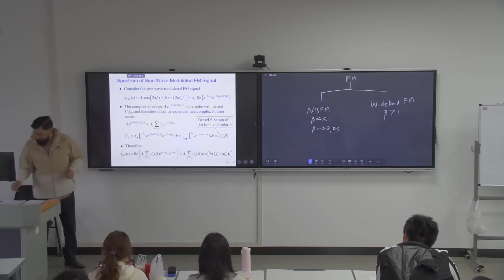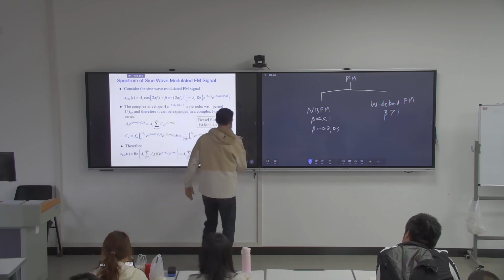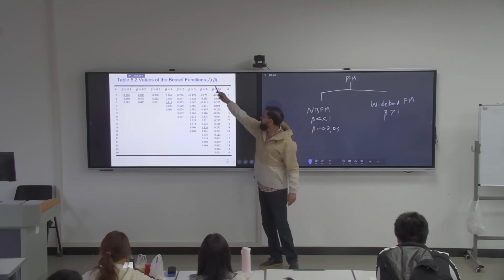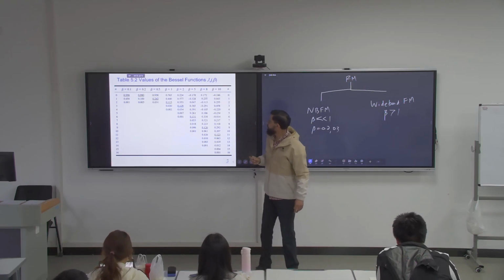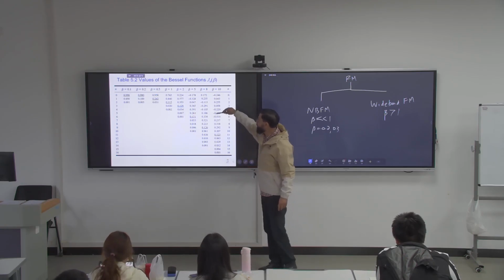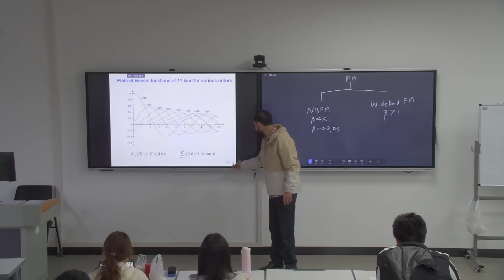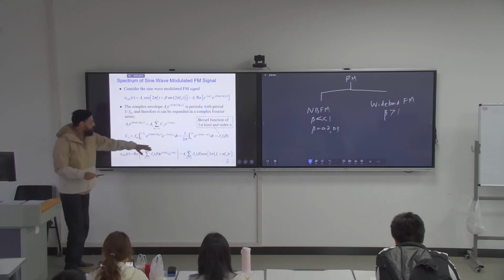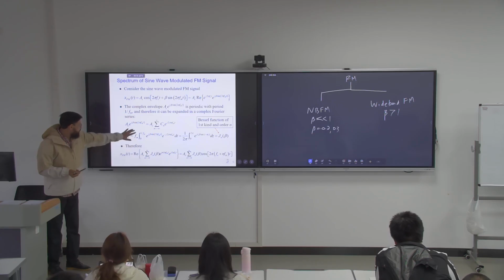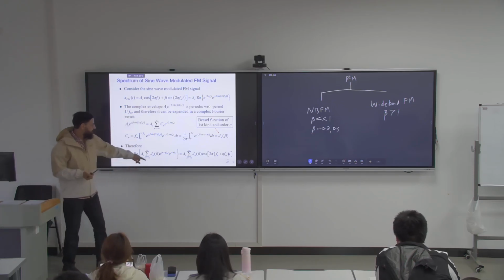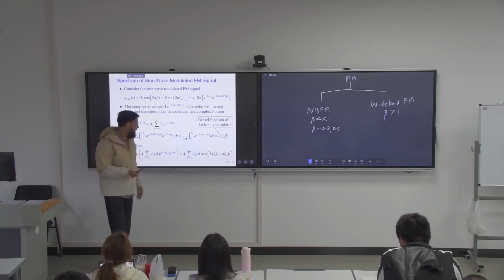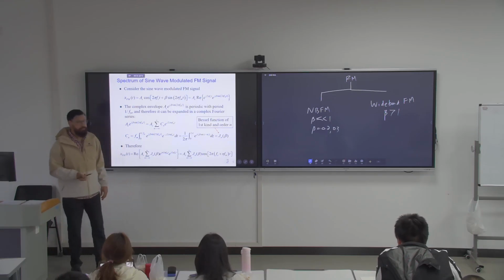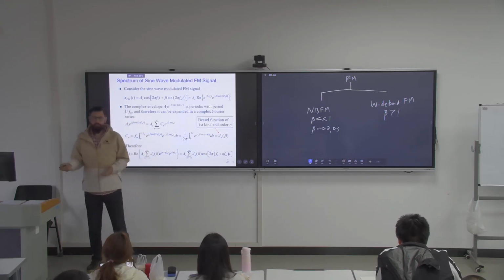We use what is called the Bessel function table to find the values. We'll talk about the table a little later. If I plug the Bessel function into this equation, I get A_c times the sum from n equals minus infinity to infinity of J_n(beta) cos 2 pi (f_c plus n f_m) t, where f_m is the frequency of the modulating signal, or message signal.